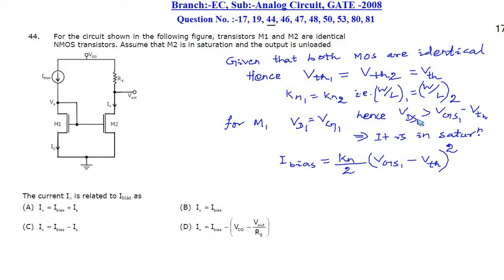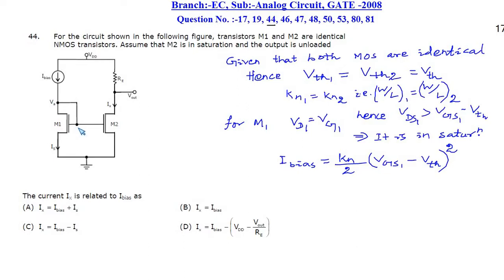Hence it will always fulfill the condition that VDS1 will always be greater than VGS1 minus VT. So it will always be in the saturation region, hence we can apply the saturation current equation, that is, the I bias current will always be equal to Kn by 2 times (VGS1 minus VTH) squared.